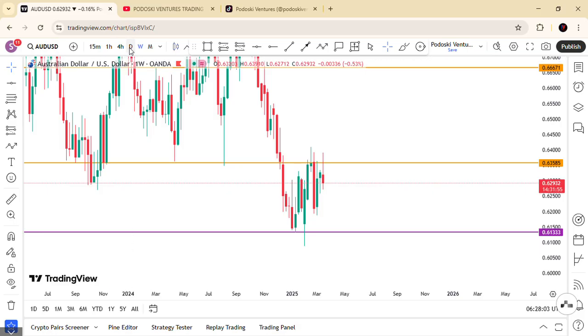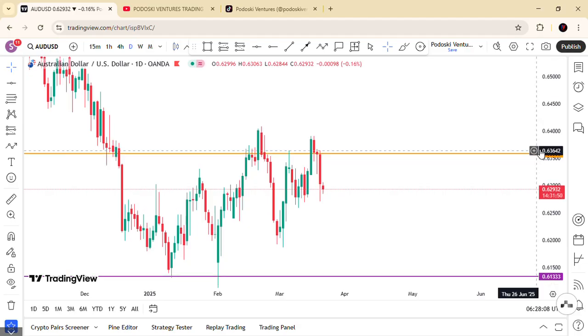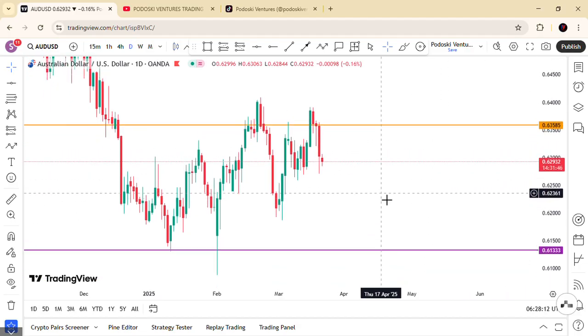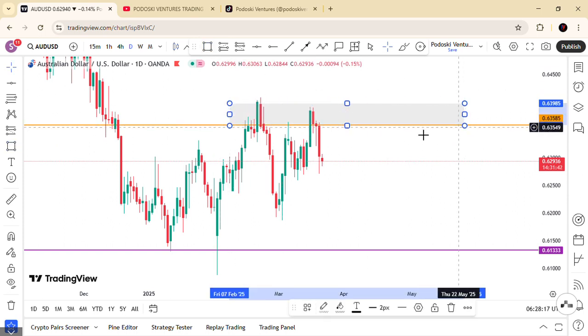So let's go to the daily time frame and see what you can get over there. On the daily time frame, price has been dropping for a while. After tapping into the equal high or the double top, price started dropping massively.